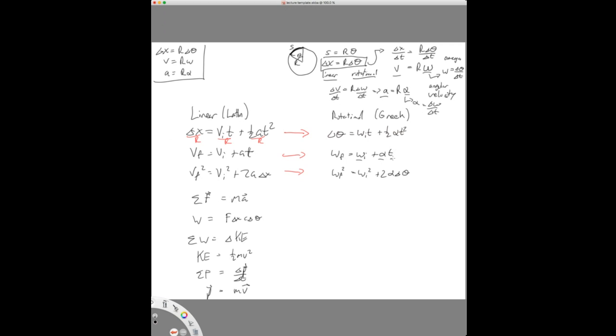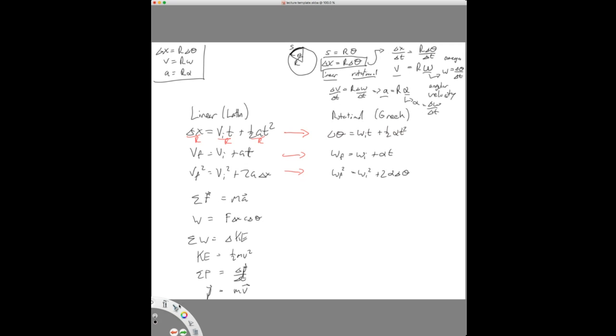Then we would just look at the Greek version of that equation. When you read a problem, you can think to yourself, okay, this is like the velocity, this is like the acceleration, this is like the time, I want the final velocity, so which equation over here would I use? And that will allow you to know which equation on the Greek side you use. So this is a very nice bonus.